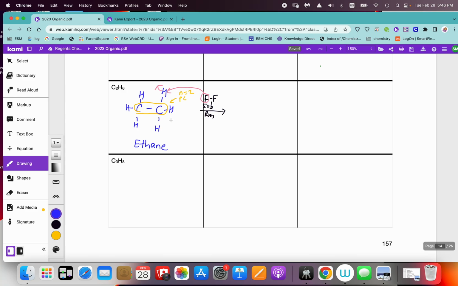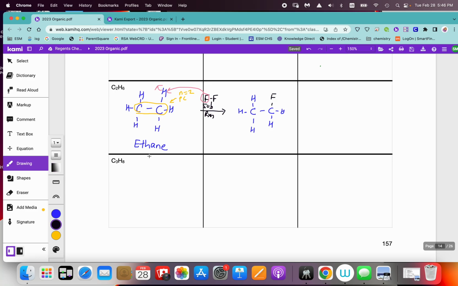So what I'm left with in the original structure, I still have my 2 carbons single bonded. The first carbon on the left still has its 3 hydrogens. The second carbon has 2 of its original hydrogens, and now instead of its third hydrogen, there is a fluorine there.